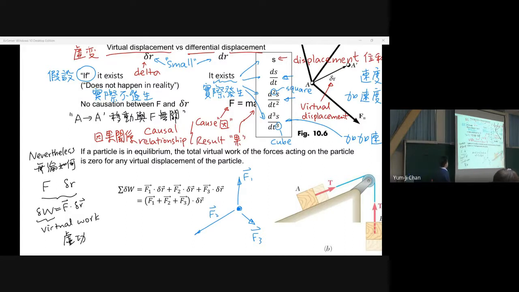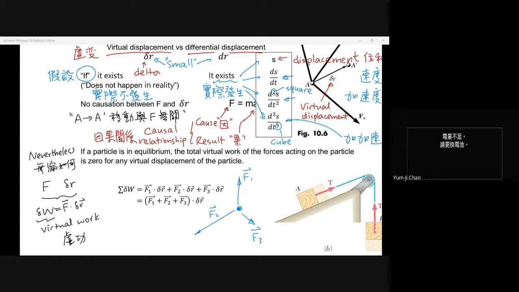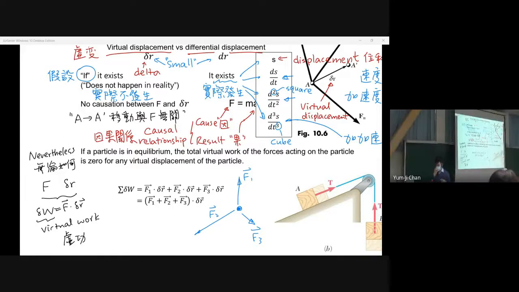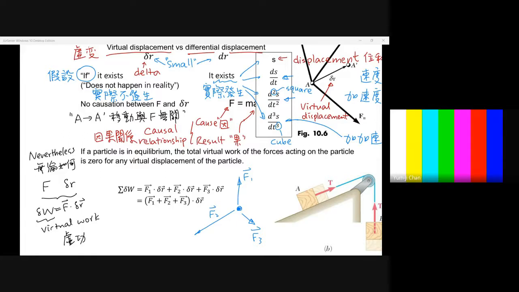And suppose it has a virtual displacement going this way.